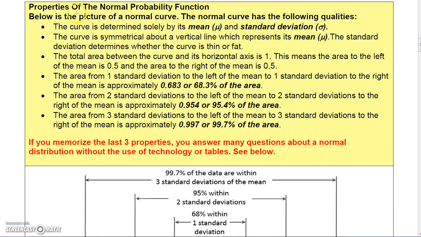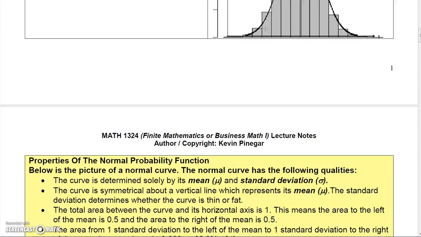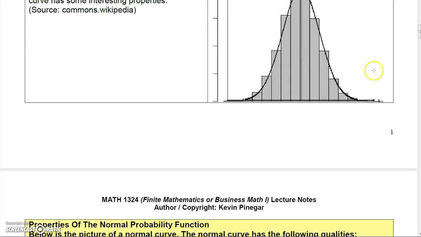Well, the first thing I want to talk about: the curve is determined solely by its mean and standard deviation. Now, the mean will tell you the exact middle of the curve. So if the mean were, say, 100, then the curve would be centered about 100.